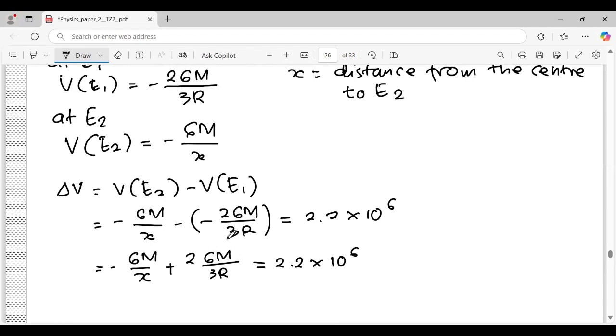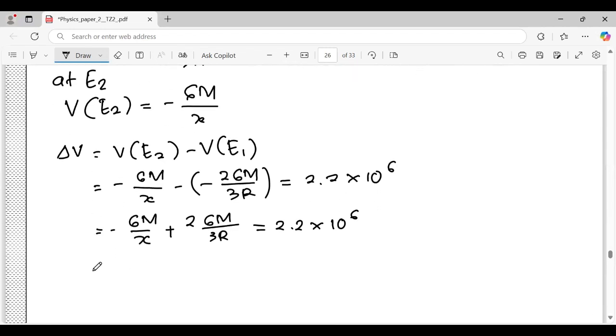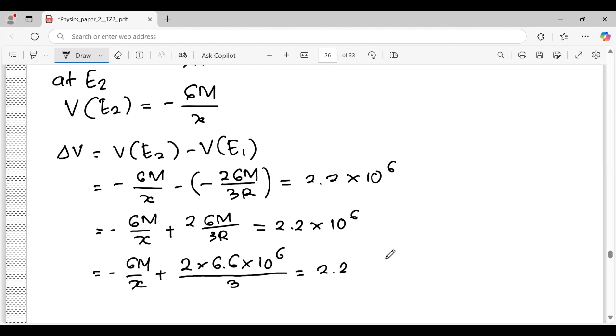GM over R we can write as 6.6 times 10 power 6, so minus GM over x plus 2 times 6.6 times 10 power 6 over 3 equals 2.2 times 10 power 6.